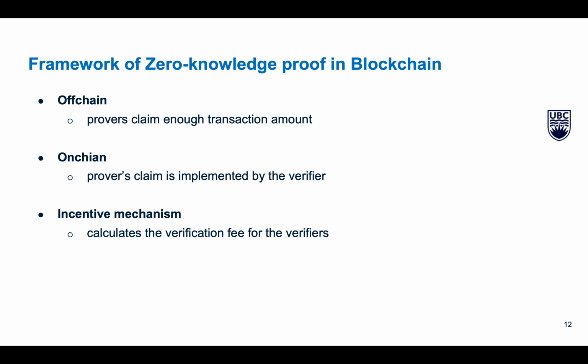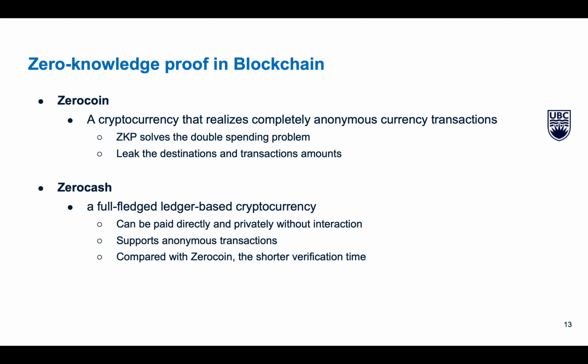On-chain, the authenticity verification of the prover's claim is implemented by the verifier, in other words, the blockchain miner. And moreover, blockchain also has an incentive mechanism that can calculate the verification fee for the verifier.